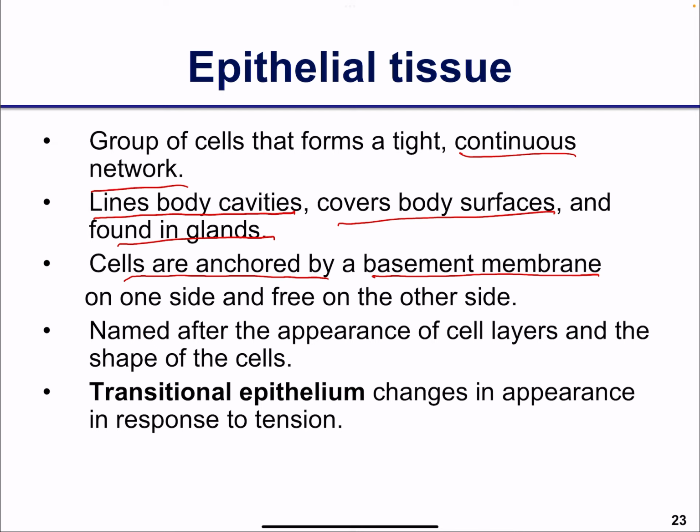There are, however, some epithelia that do not necessarily obey that shape of the cell for naming. These are transitional epithelia. The transitional epithelia are these epithelia whose cells can change their shape based on tension.